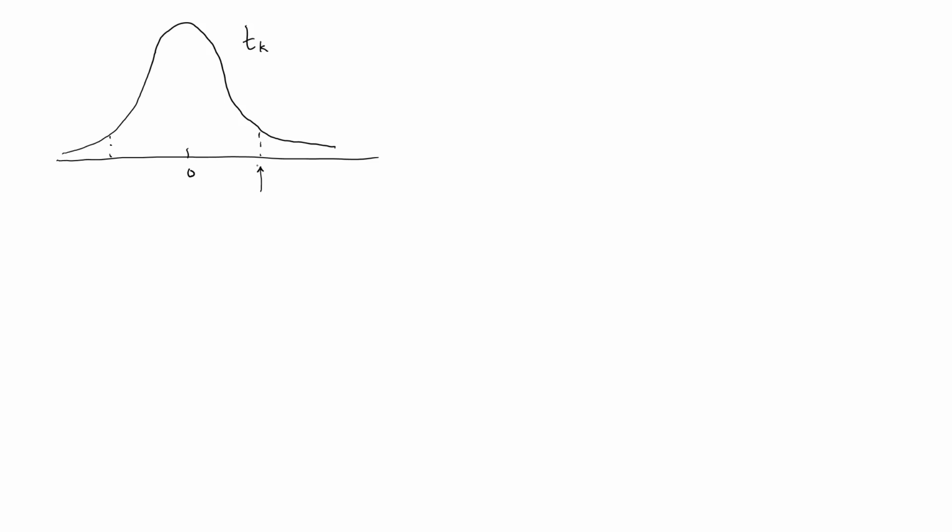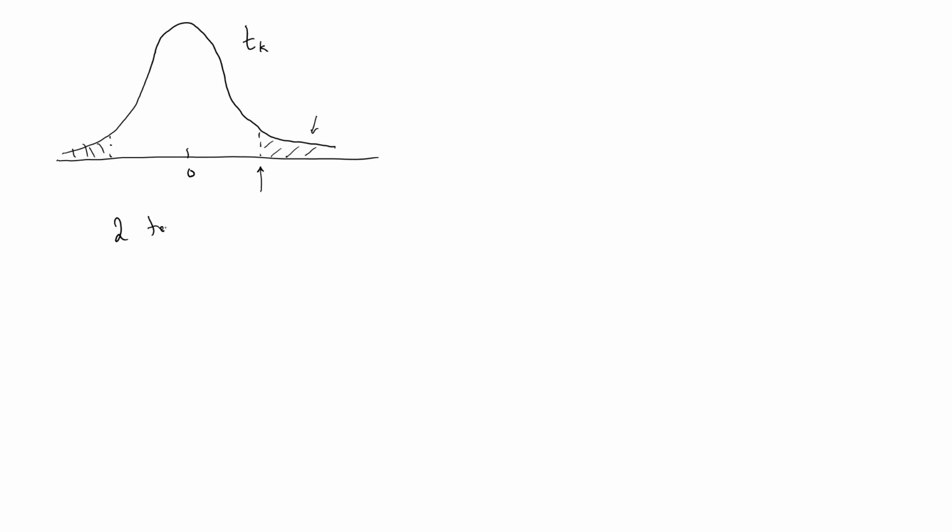I want to find this value such that the area in the tail is equal to some pre-specified value, for example 5%, or the area in both of the tails should be equal to some specified number, such as 5%. If it's 5% in both of the tails, then it will be 2.5% in one of the tails.